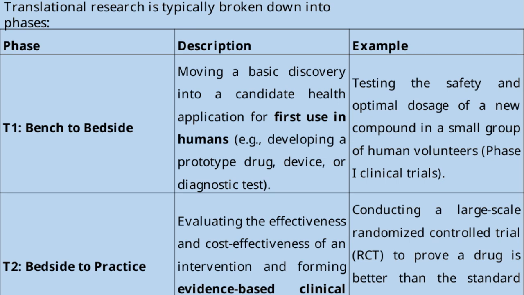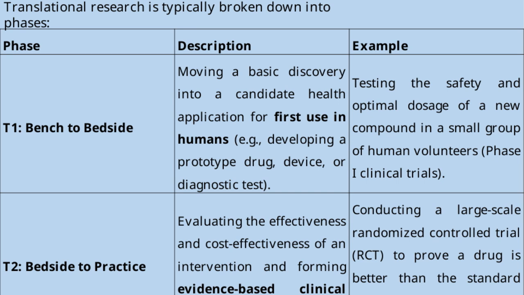Moving on to the second phase, T2, known as bedside to practice. Here, the focus shifts to evaluating how effective and cost-effective the intervention is. The goal is to generate solid evidence that can lead to clinical guidelines. For instance, conducting a large-scale randomized controlled trial, or RCT, to prove that a new drug is better than the standard treatment is a typical example of this phase, often happening during phase III clinical trials.